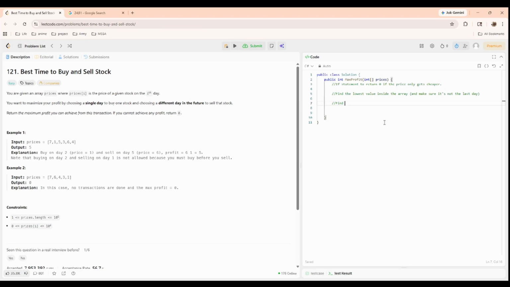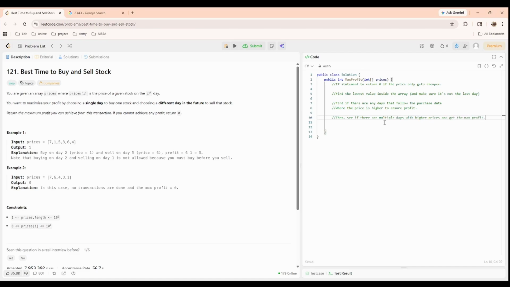And after we find it, if there are any days that follow the purchase date where the price is higher first, to ensure profit, then see if there are multiple days with higher prices and get the max profit.